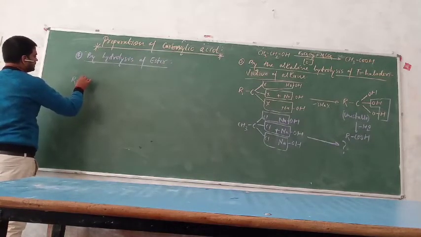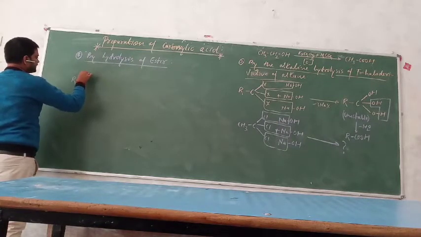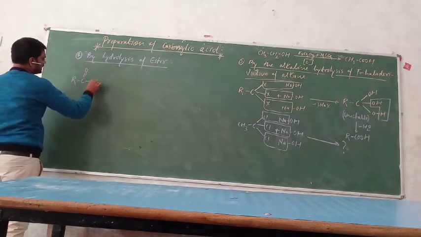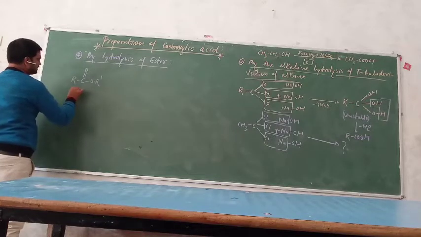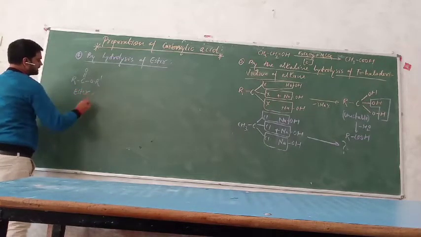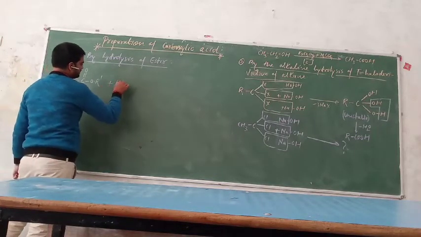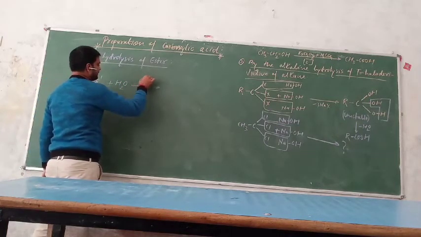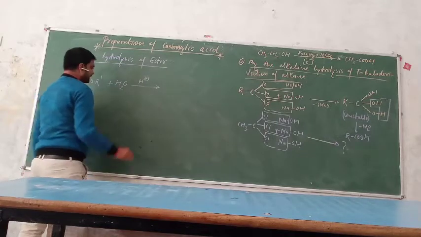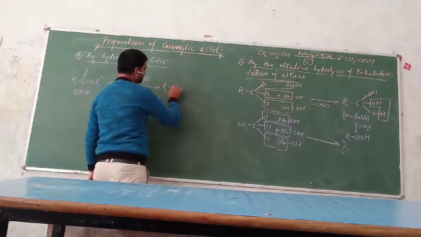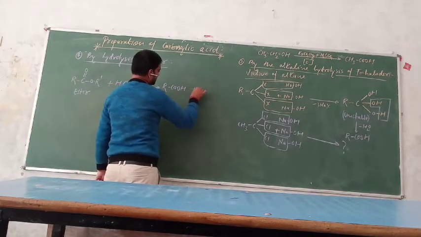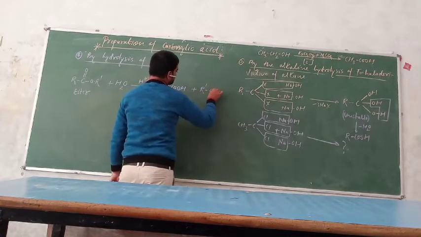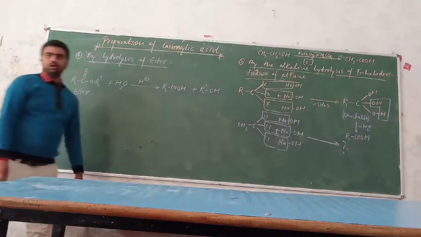This is R, C double bond O, single bond O, R dash. This is the ester, and when this ester is treated with water in the presence of acidic medium, then we get one molecule of acid like RCOOH and one molecule of alcohol.